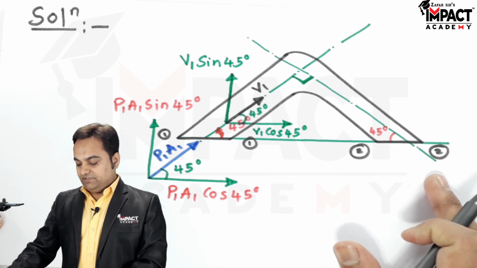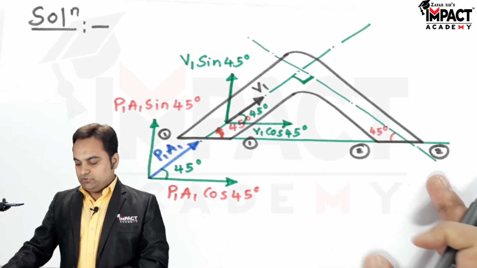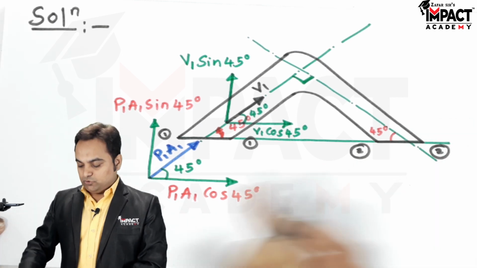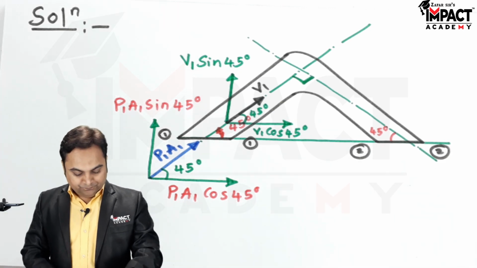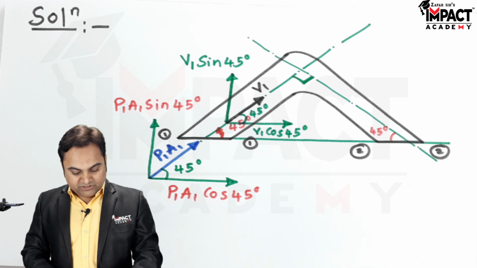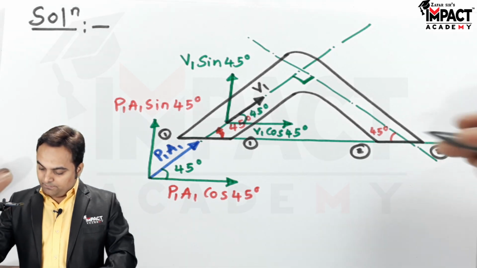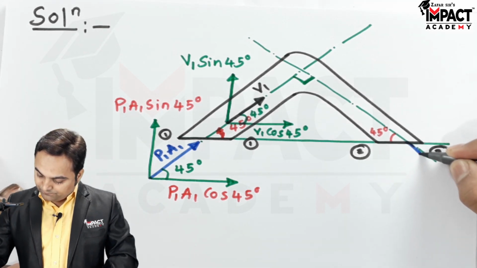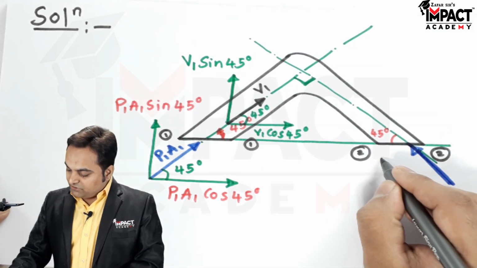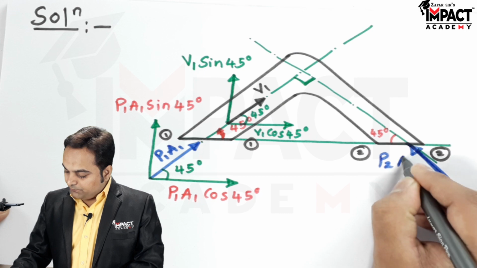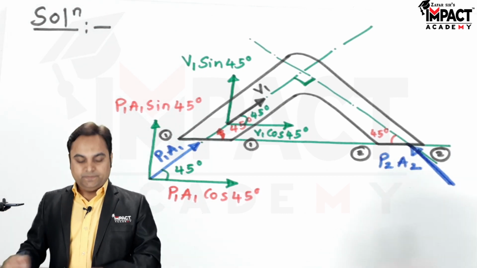Then at the exit there should be a pressure force in the opposite direction, because only when there is a pressure difference is the flow possible. So I have to show a pressure force at exit but in the opposite sense. So this is the pressure force P2A2 at exit.